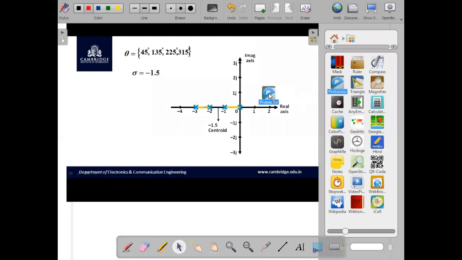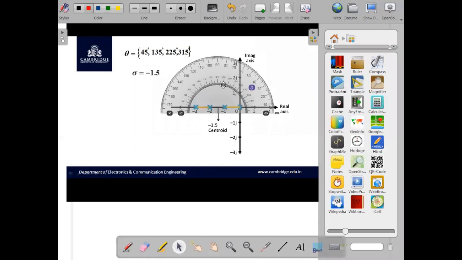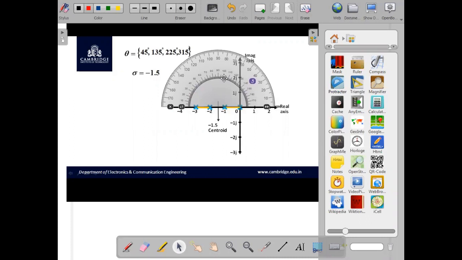And now let me take a protractor and with minus 1.5, that is the centroid, as the center, we have to plot for 45 degree, 135 degree, 225 degree as well as 315 degree. So first let me mark for 45 degree. 45 degrees exactly here. So let us mark it.